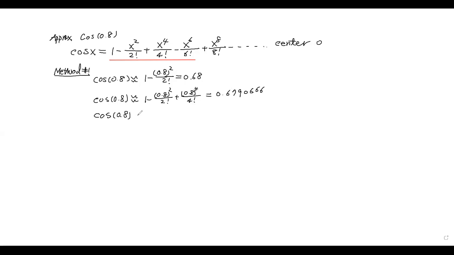Now I also can use 4 terms, going up to the 6th power. So it's 1 minus 0.8 squared over 2 factorial, plus 0.8 to the 4th over 4 factorial, minus 0.8 to the 6th over 6 factorial.